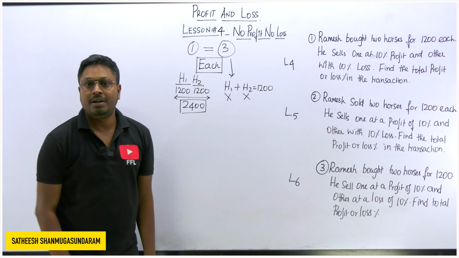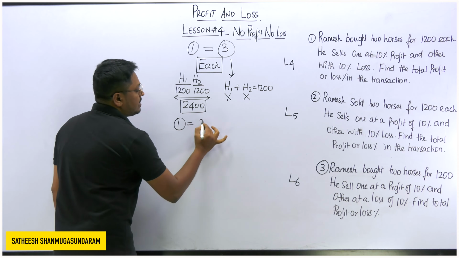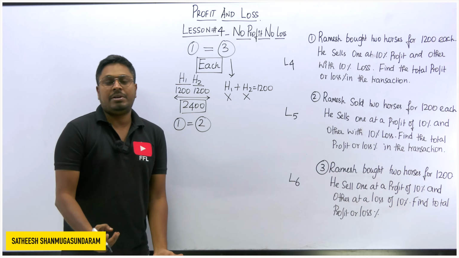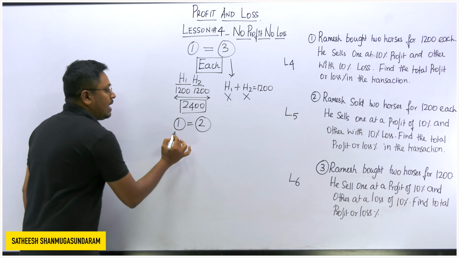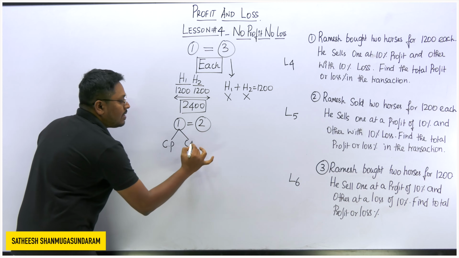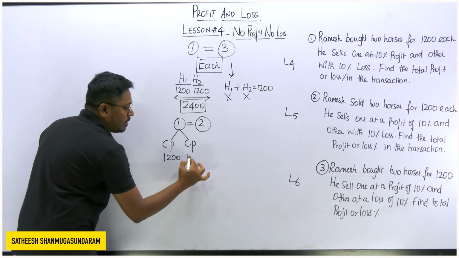Now I hope you understood the logic. Let me move on to the first question and the second question. What is the major difference? Finding the difference here is easy. In the first question, he bought 2 horses, which means the cost price of the 2 horses will be 1,200.